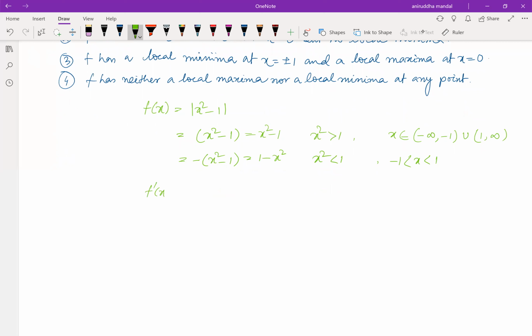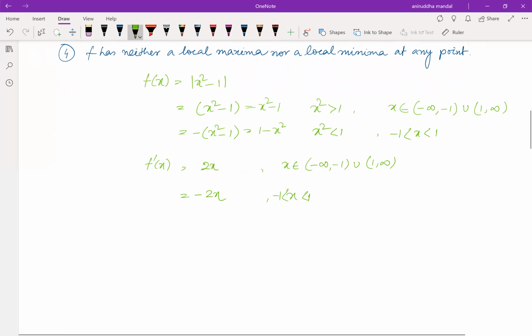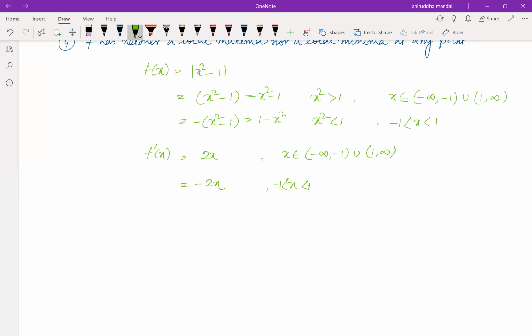So f dash x equals 2x and minus 2x, the same ranges as before. So the critical point is 0. So this is the critical point.